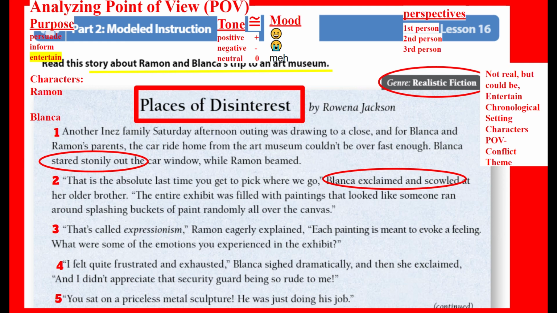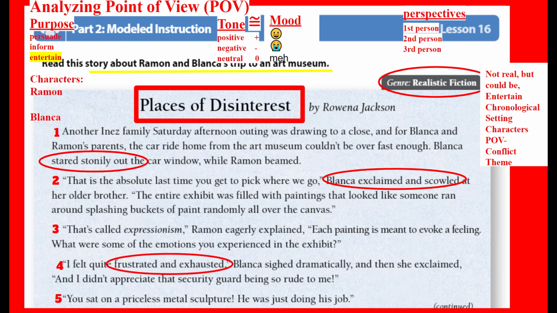She's exclaiming, and she's also scowling. So if you scowl at someone, that means that you kind of twist up your face, and you do not look very happily at them. You are frowning, and maybe your forehead is creased, and you are not happy. So that's something that Blanca is doing. She's scowling, right? And because she does that, we can infer that she's not a very happy camper right now.